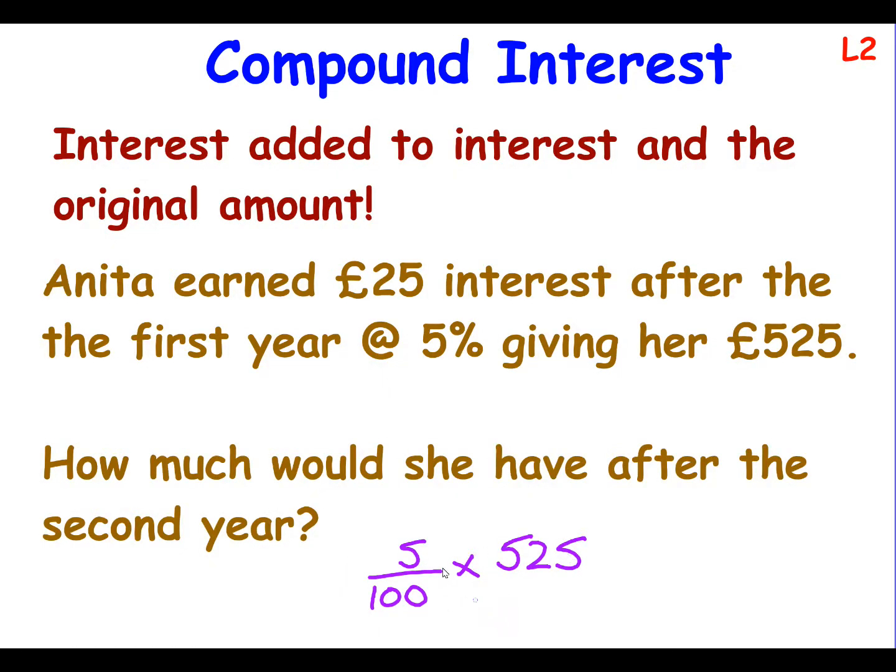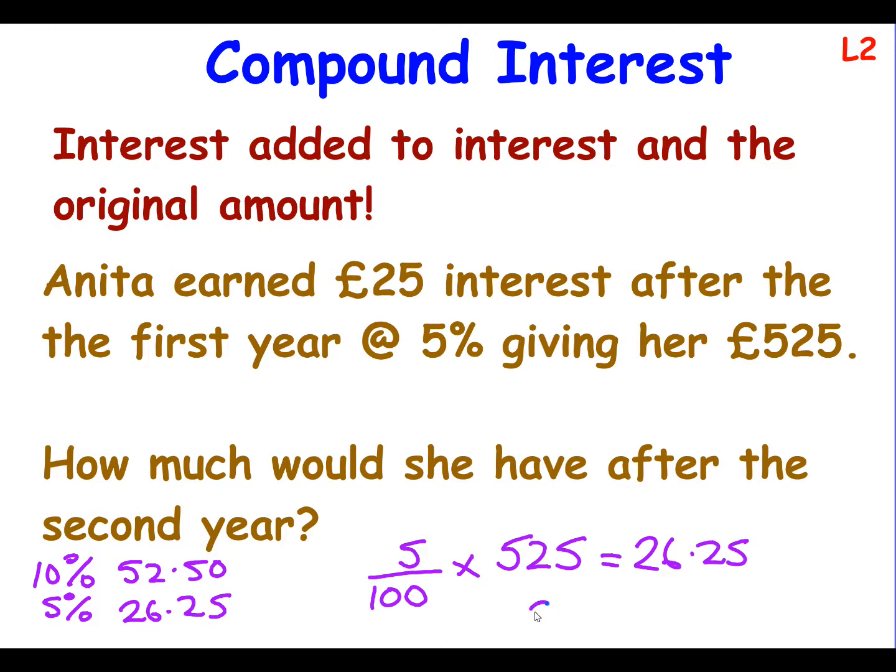So in this case, if you were going to do it manually using our 10% rule, 10% would give us £52.50. So 5% is a half of £52.50, which is £26.25. So in the second year, Anita gets £26.25 interest.